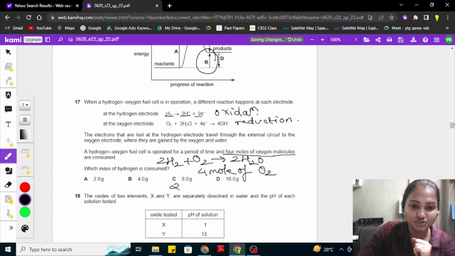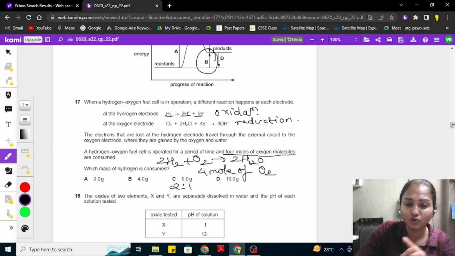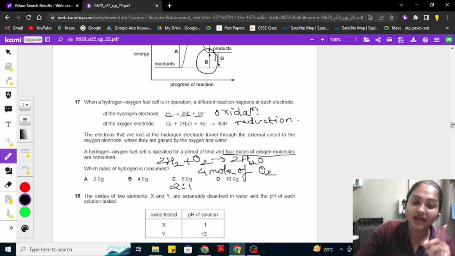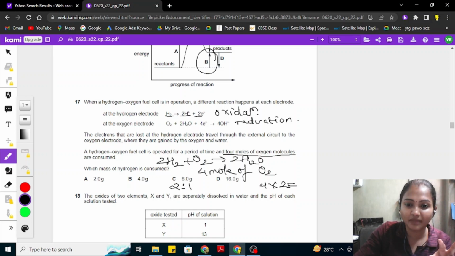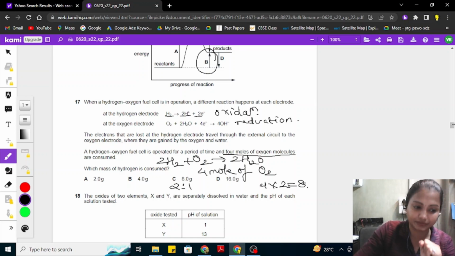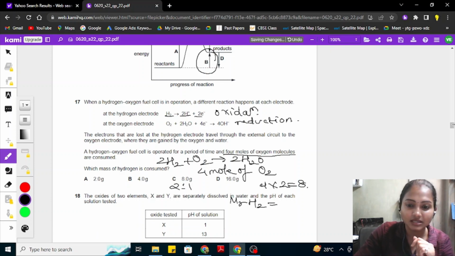Here hydrogen to oxygen is present in a 2:1 ratio. So if 4 moles of oxygen are consumed, then for hydrogen, which is present in the ratio of 2, 4 into 2 is going to be 8. And the Mr for hydrogen is 2, because 2 hydrogen atoms are present and the atomic mass of one hydrogen atom is 1.